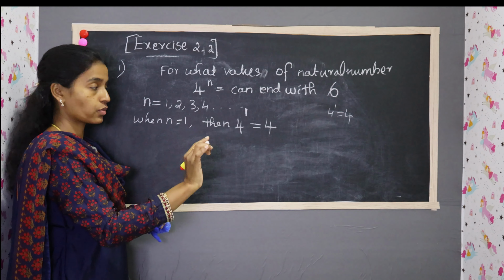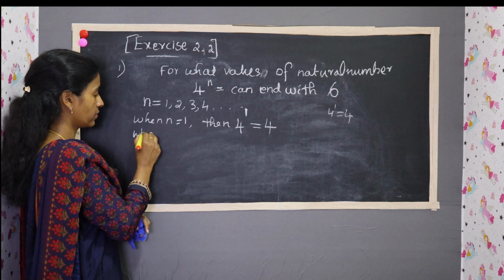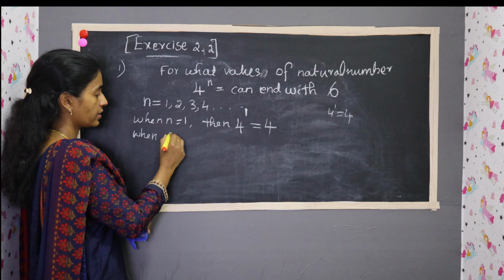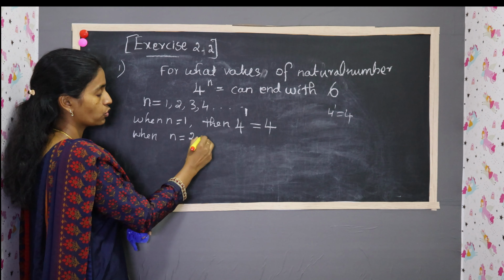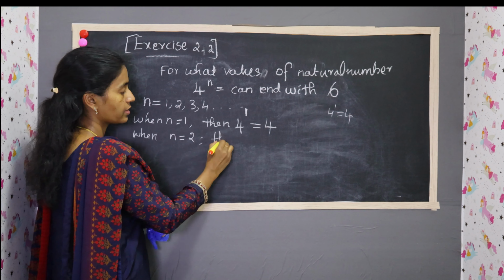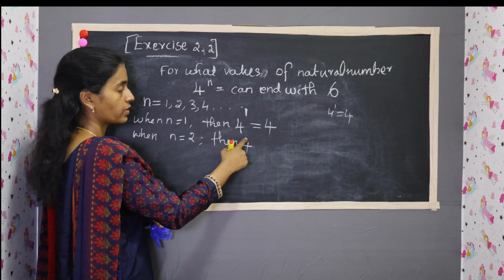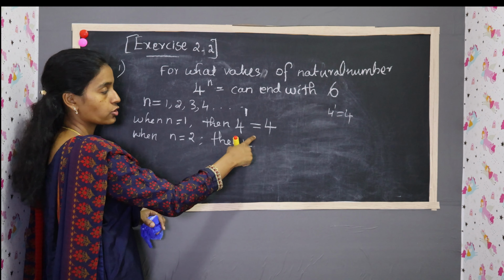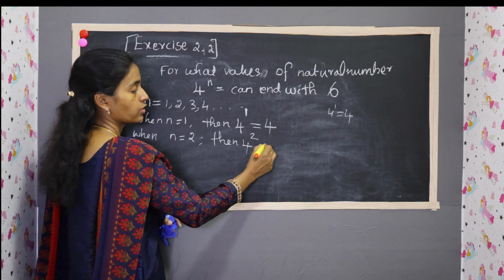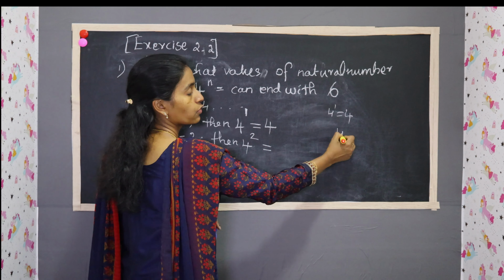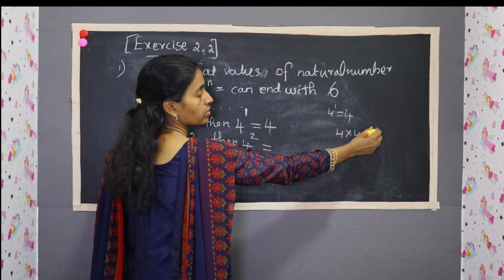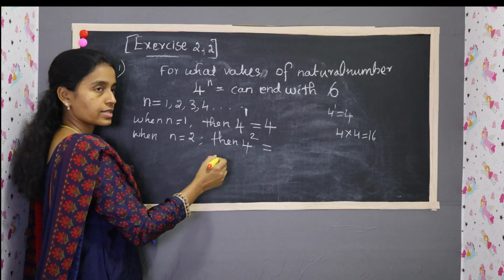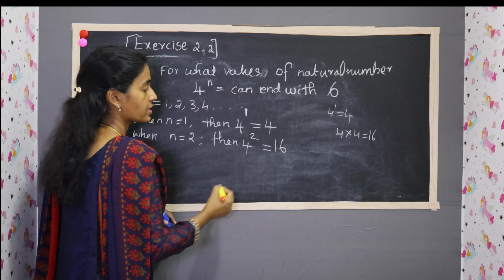And when n equals 2, 4 power 2, I apply 2 in place of n. 4 power 2 means 4 into 4, which is 16. So I'll be getting 16.